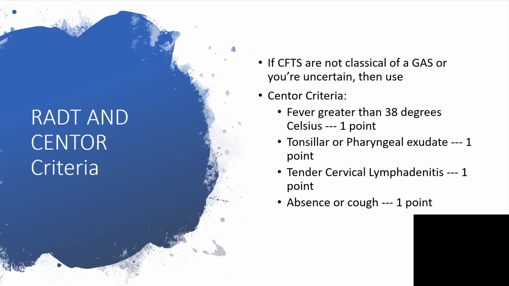If the fever is around 38 degrees Celsius or greater, that is 1 point. If you do your physical examination and you check the tonsils and the pharynx and you find exudate on them, that's 1 point. You check the cervical lymph nodes and you pick lymphadenitis, that's 1 point. The history of cough, if there's absence of cough, that's 1 point.